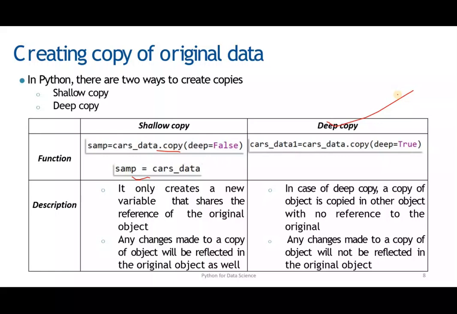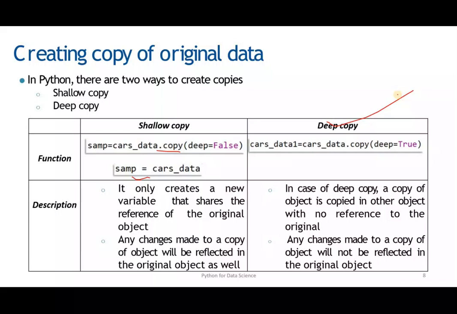So now you can see what deep copy represents. A copy of the object is copied in another object, like the copy of cars_data is being copied in another object called cars_data_1, with no reference to the original data.